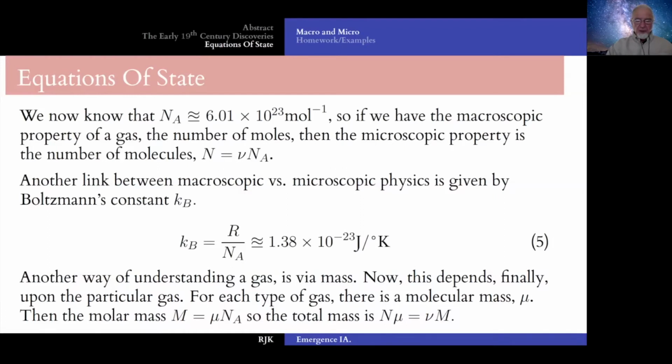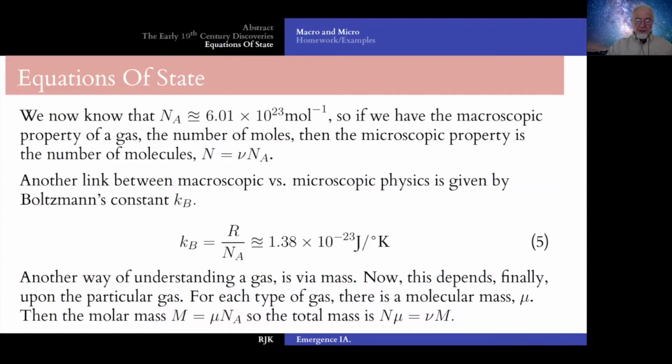Another link between microscopic and macroscopic physics is given by Boltzmann's constant, and that is simply the gas constant divided by the Avogadro's number.